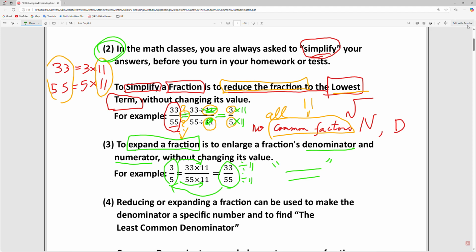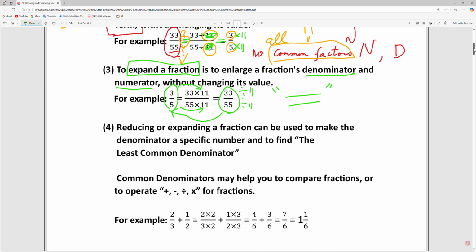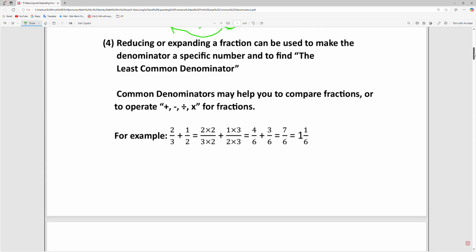Okay, so next, after you learn how to reduce or expand a fraction, then we can use these two skills to make the denominator a specific number.